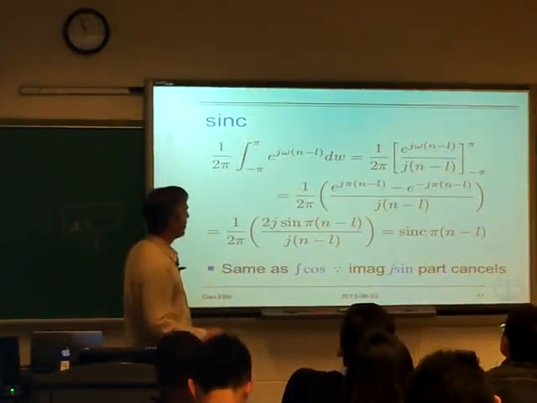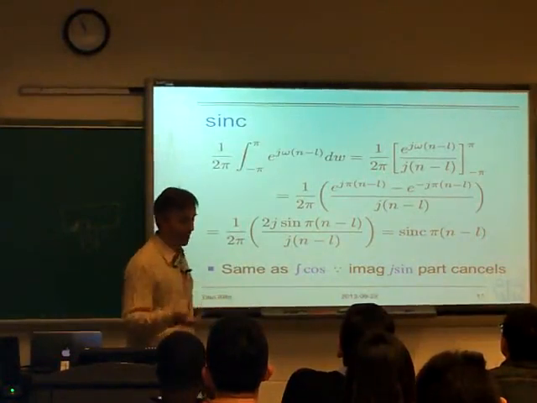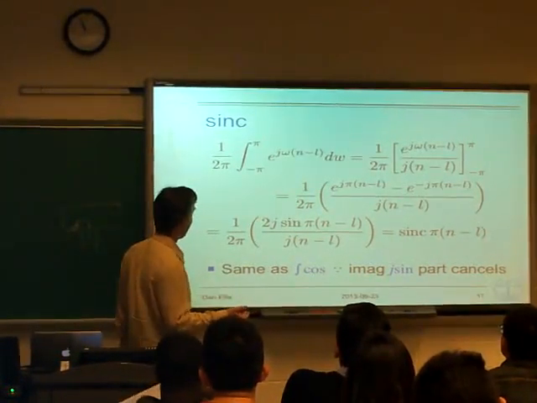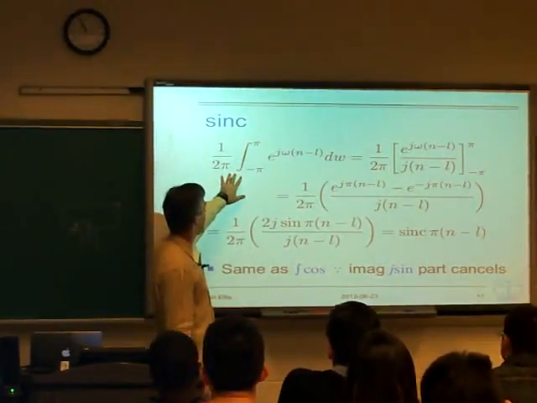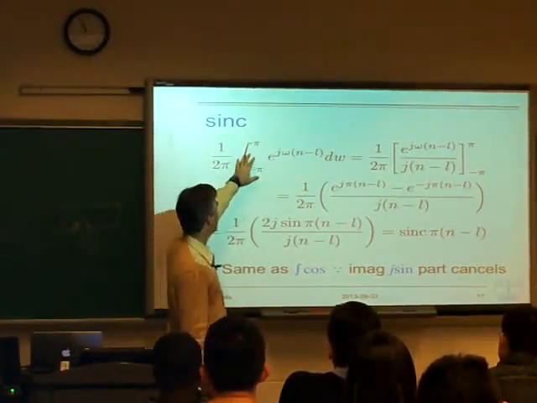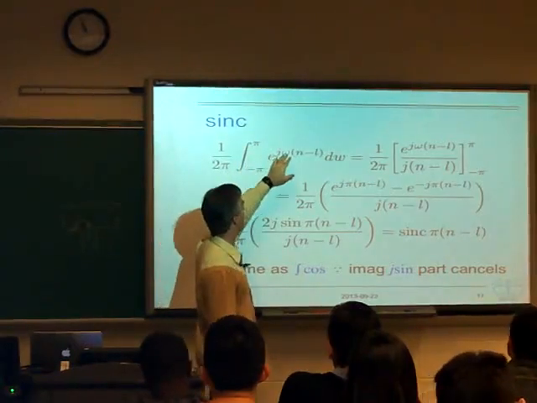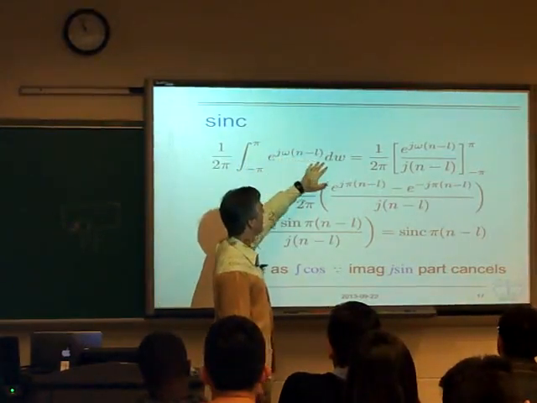Let's just see how we can get that sinc coming out just by using traditional calculus. So this is what we had here as the thing that we were saying was equal to sinc: 1 over 2 pi integral from minus pi to pi of e to the j omega, e to the j omega n minus L, d omega.